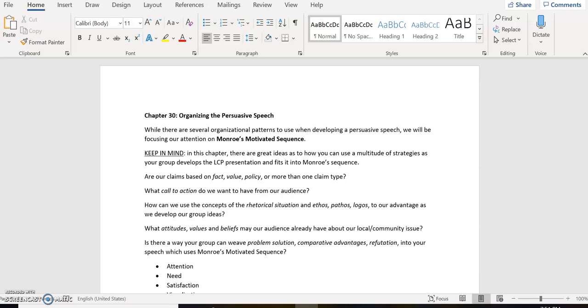So be mindful if you find yourself only using a lot of statistics, maybe come back to ethos, pathos, and logos in your head and be like, maybe I should be appealing to their emotions as well. So maybe I'll use something very emotionally powerful, like a story, in the introduction, to really convince them. Or maybe I will use a lot of pathos in my digital video project. And lastly, the same for ethos.